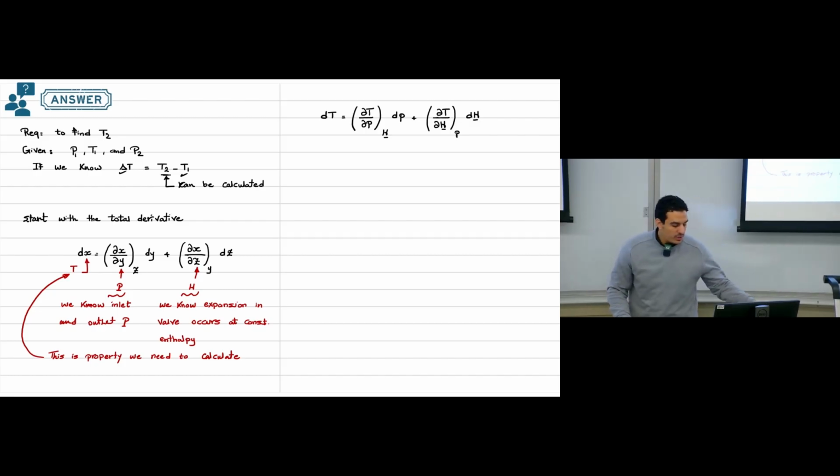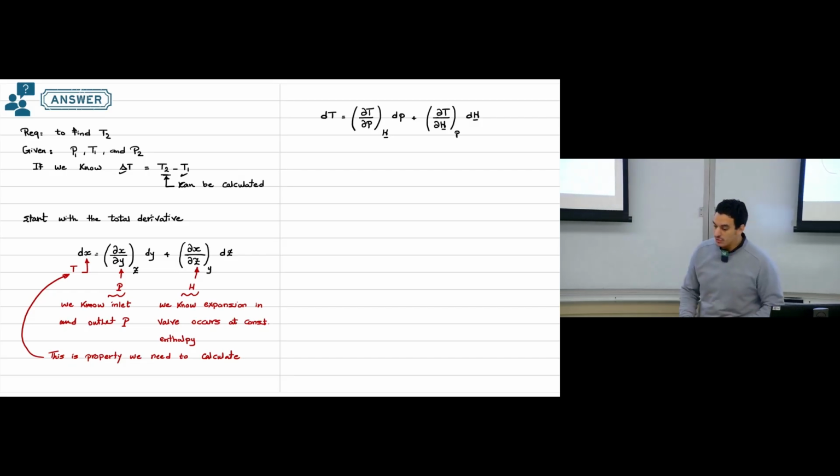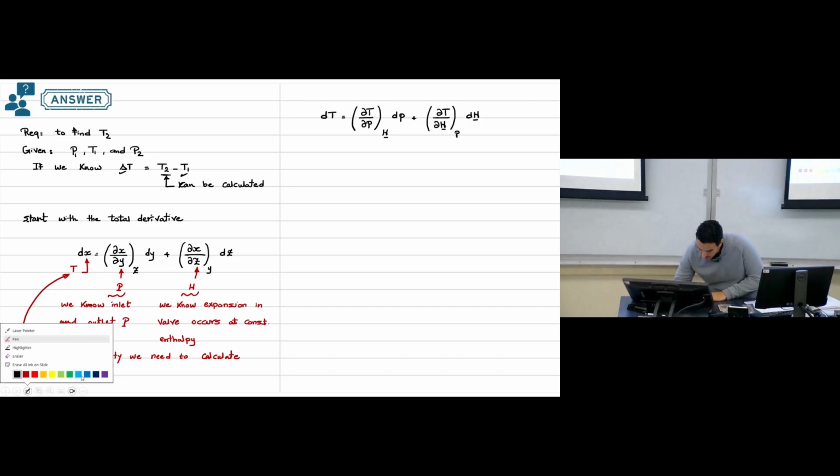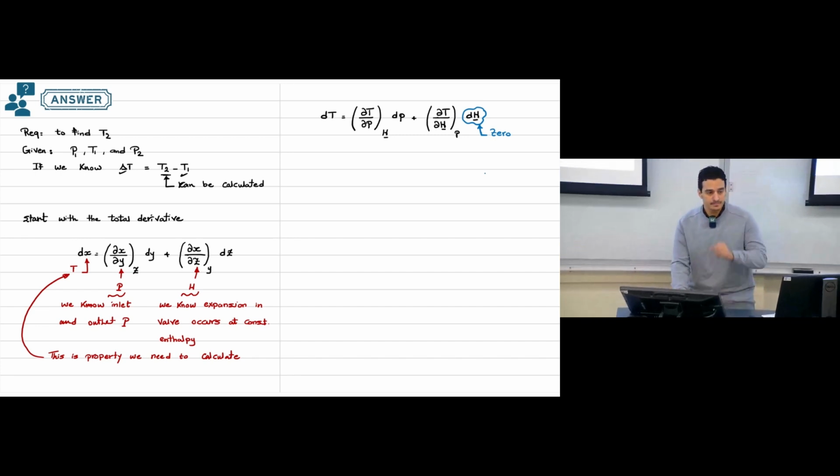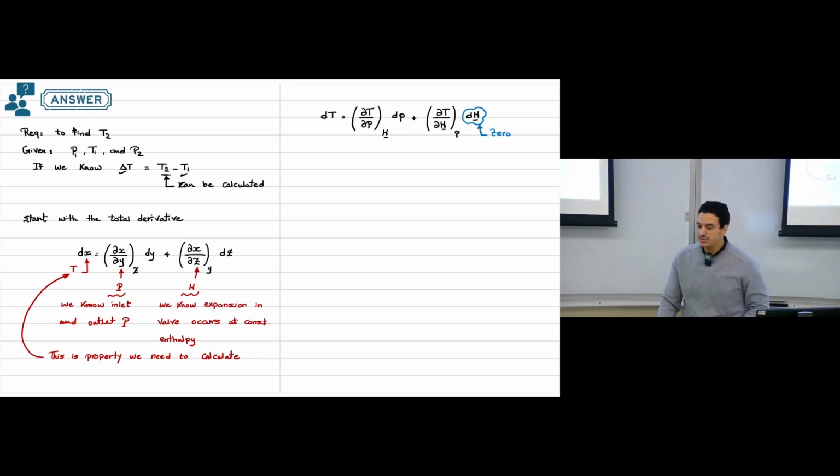Okay. So again, we have a throttling valve. In a throttling valve, we know that enthalpy is constant. So easily we can come to this term here and say it is 0, because we have a throttling valve and expansion at constant enthalpy.